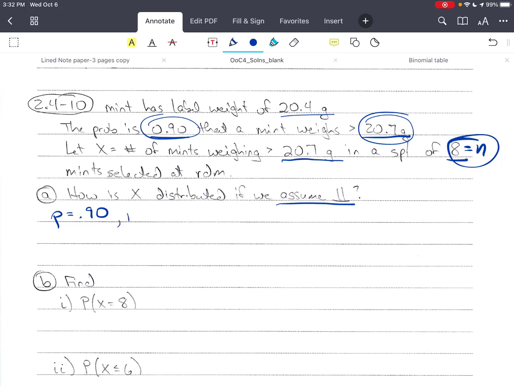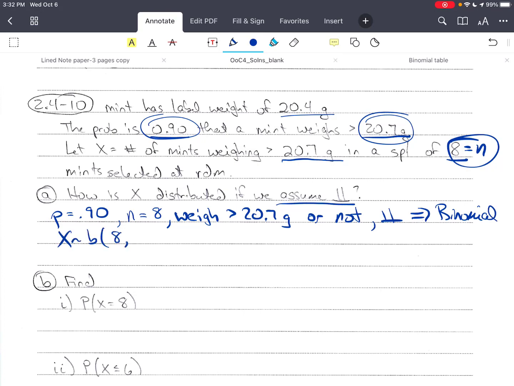We know the number of trials, n equals 8, and the category is either they weigh more than 20.7 grams or they don't, so 2 categories. And we have independence. It's a binomial. So X is a binomial distribution with 8 for n and 0.9 for p.